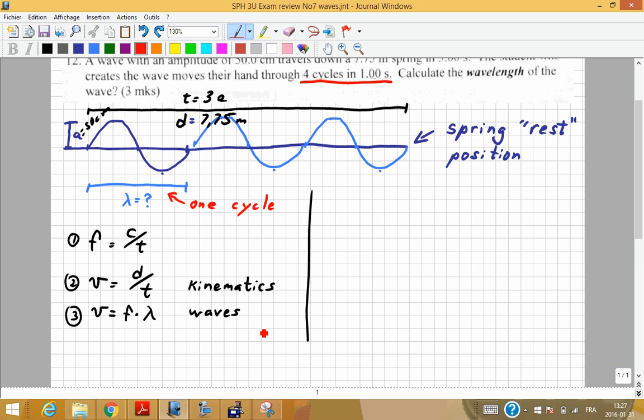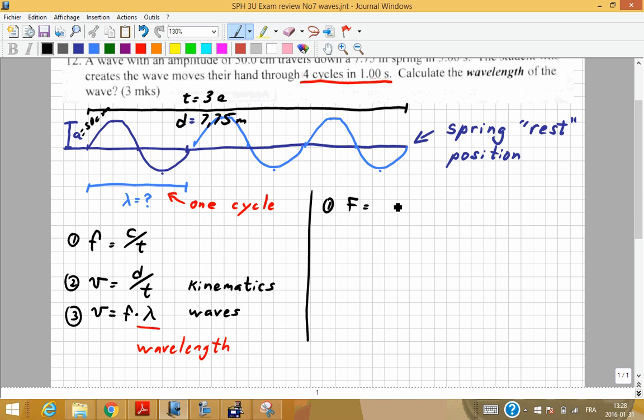And finally, there's a waves formula that's speed again is frequency multiplied by wavelength. The lambda, that's the symbol lambda, that's the wavelength. And that's just usually measured in meters with metric units.